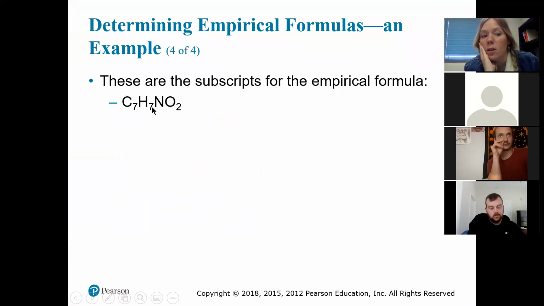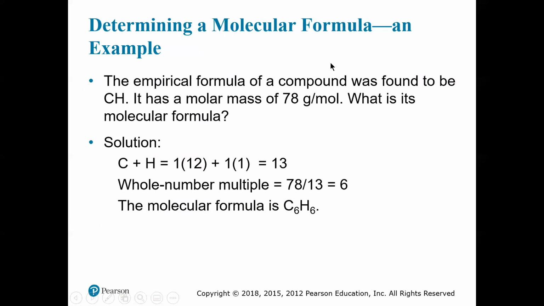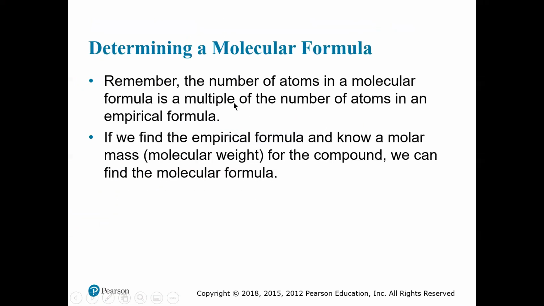Empirical formula meaning it's the lowest whole number ratio of the atoms. A molecular formula is some sort of multiple of the numbers of the empirical formula. If we find the empirical formula and we know the molar mass of the molecular formula, we can find the molecular formula pretty much just by dividing them.